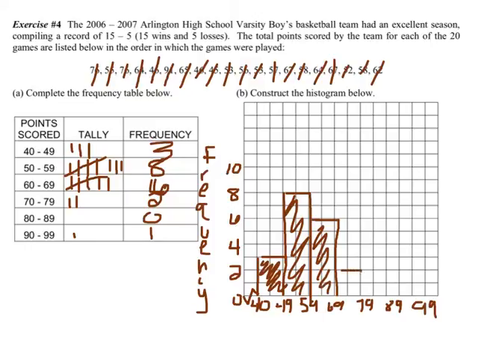Next one is 2, 0, you're just going to skip it, and now you're going to go to 1. And that is how you construct the histogram.